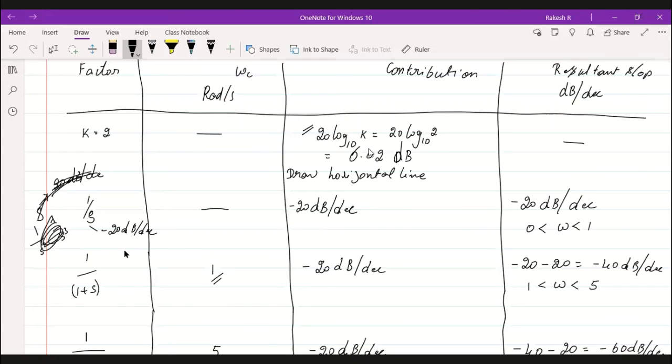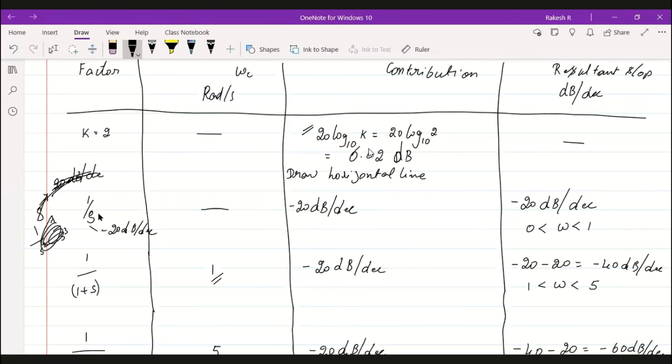Right. Next one is the next factor. Sir, if we have a corner frequency at the pole, what will be the contribution then? See here, you will not have any corner frequency. Why? Because there is no T term here. For a pole or zero at origin, you will not have any corner frequency.